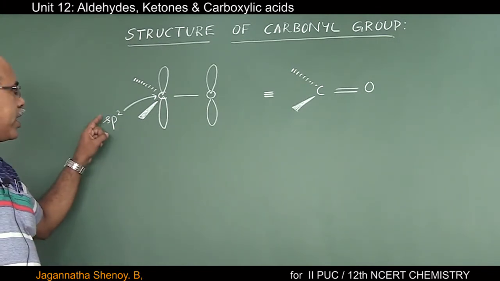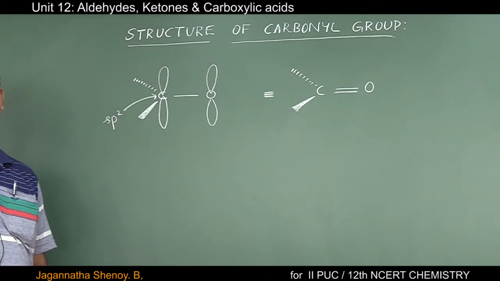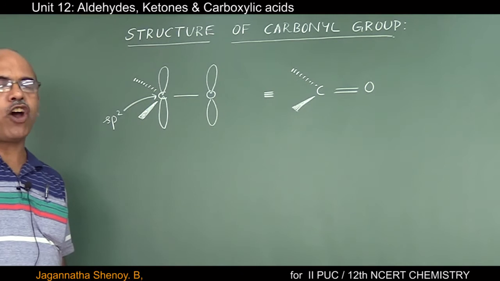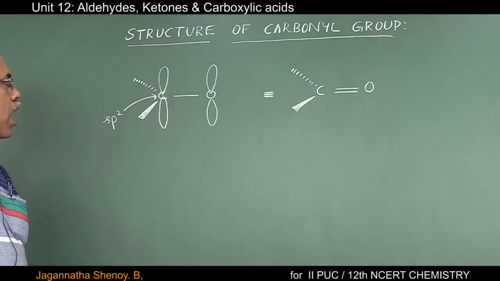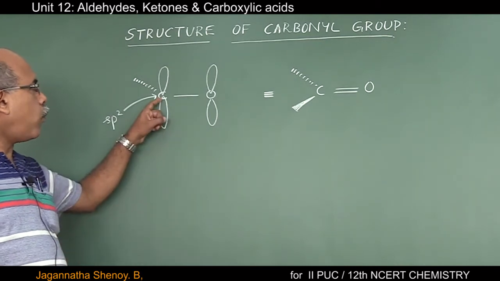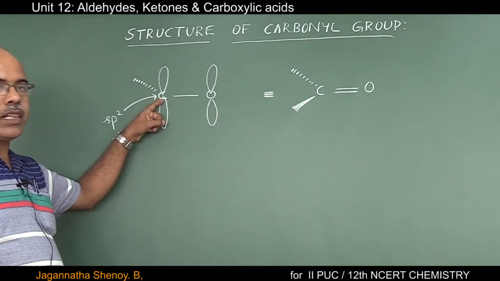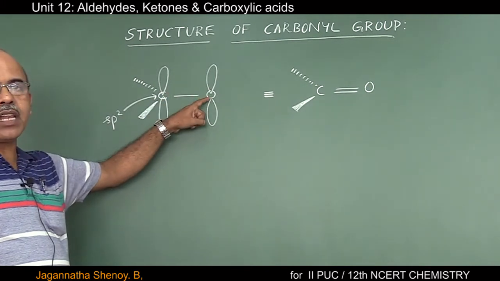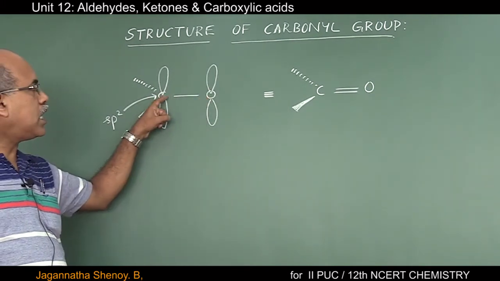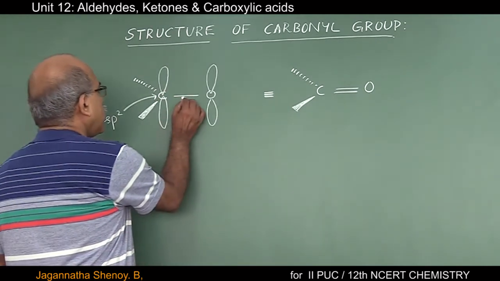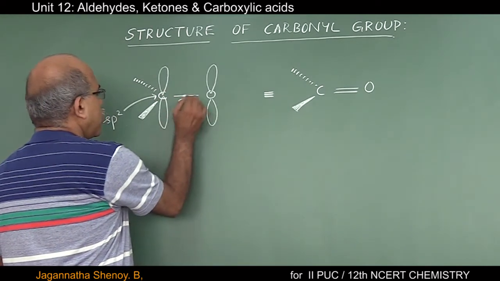We know whenever there is sp2 hybridization, we get 3 sp2 hybrid orbitals. Out of those 3 sp2 hybrid orbitals, 1 sp2 hybrid orbital overlaps with the p orbital of oxygen, resulting in the formation of a sigma bond. So this is the sigma bond.